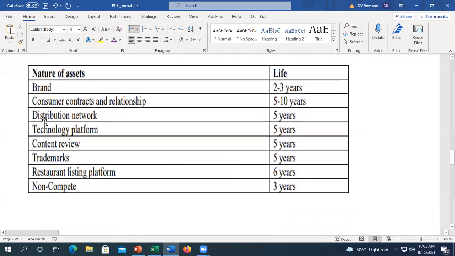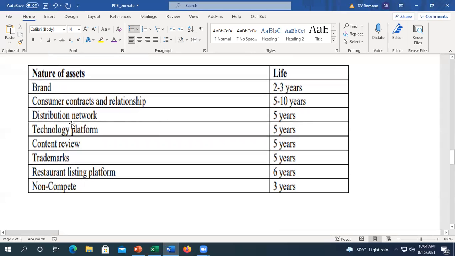So, intangible assets for a company like Zomato will have brand, consumer contracts, consumer relationship, distribution network, the technology platform, the content, trademarks, restaurant listing platform, and some others. So for these intangibles, for the purpose of accounting and amortization, a life has been estimated by the management.